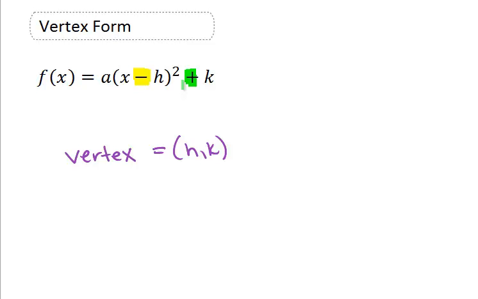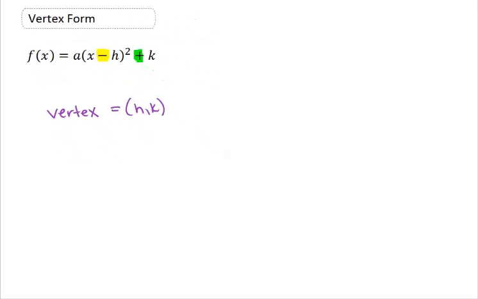Then, to figure out whether your parabola opens up, so you have a U or a cup like this, or down, so you have a mountain like this, to figure out whether you have a cup or a mountain, that's going to be determined by your A value.